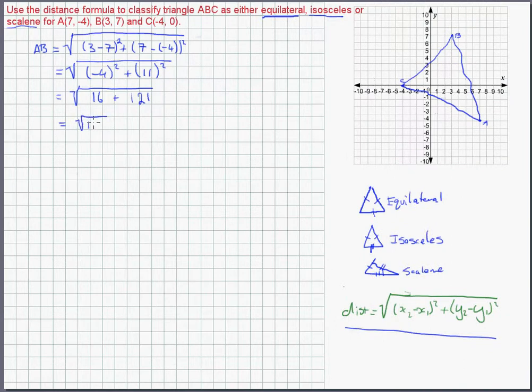So that side is square root of 137 units long. So great. Here we have our first one, square root of 137.